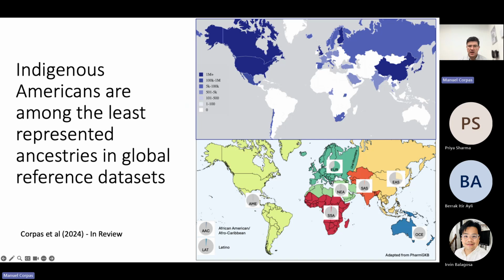And as you can see, around 63% are European origin, around 26% East Asian, which is mainly Chinese and Japanese. And then the rest of the world are virtually underrepresented.